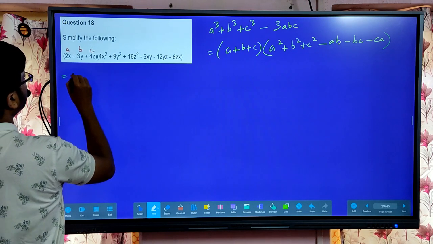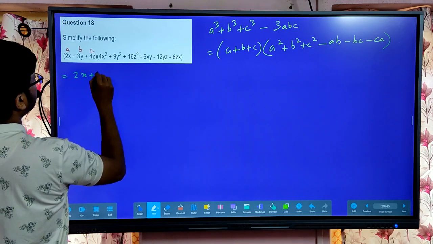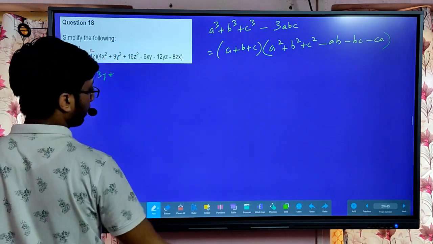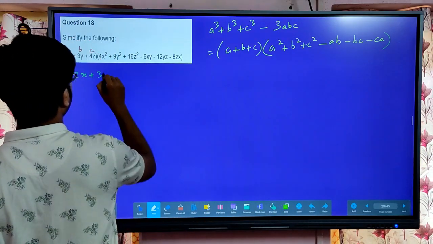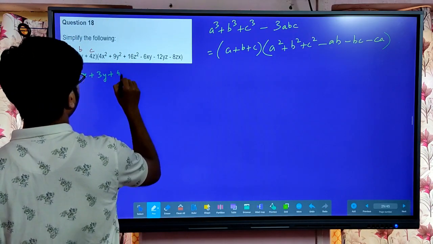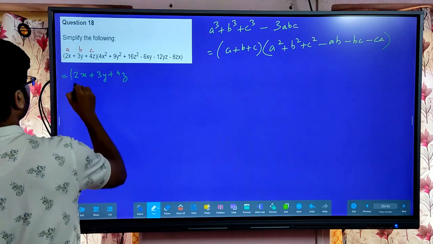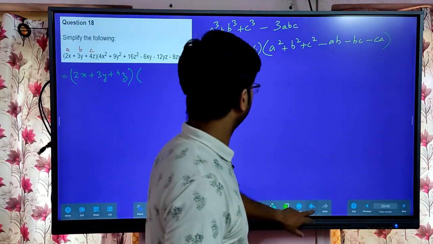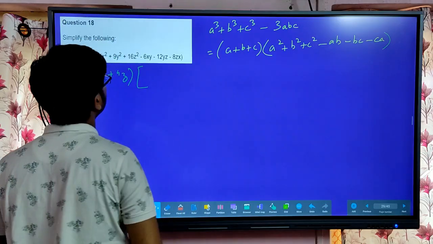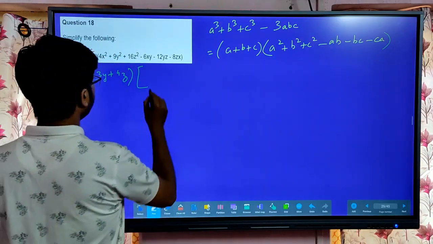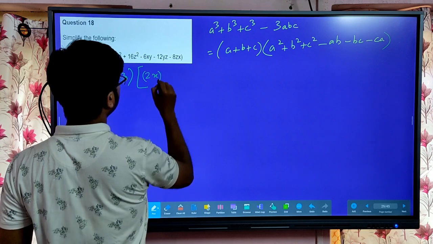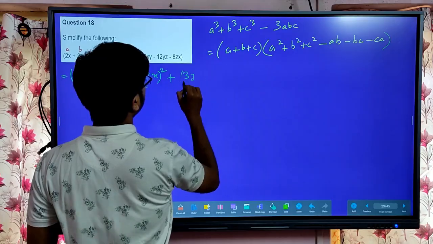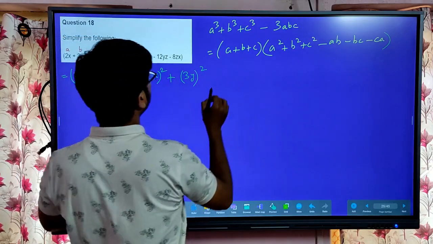This will be equal to 2x plus 3y plus 4z, multiplied by, you have to take the third bracket over here, 4x square. I can write 2x square, then 9y square, so I can write 3y square, and then z square.